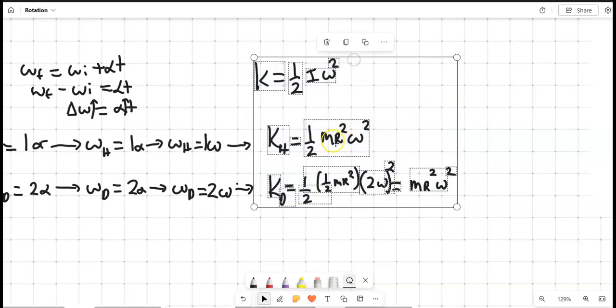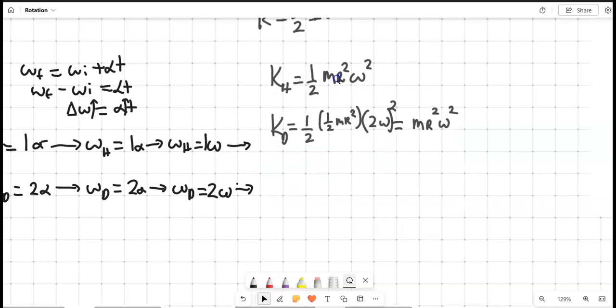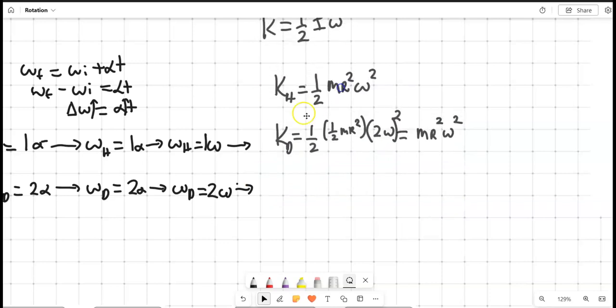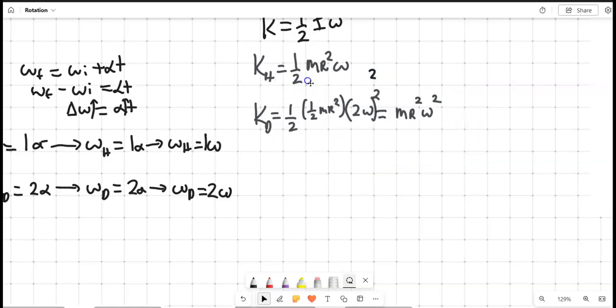Move it up. The reason why I'm moving it up is that this angular velocity stuff helps to solve the kinetic energy stuff, but it also helps to solve the angular momentum stuff as well.